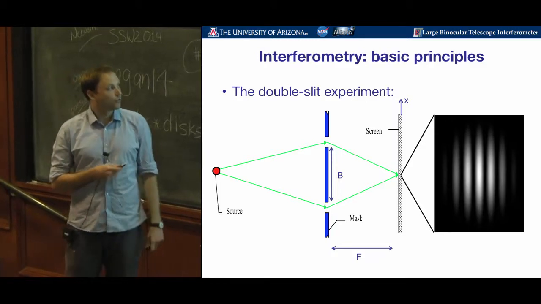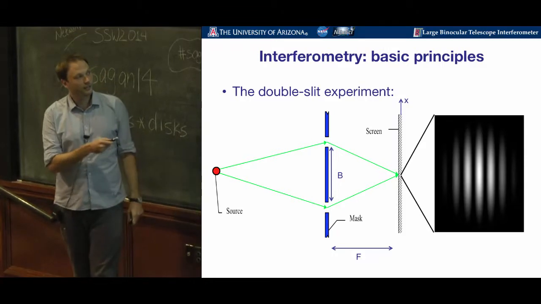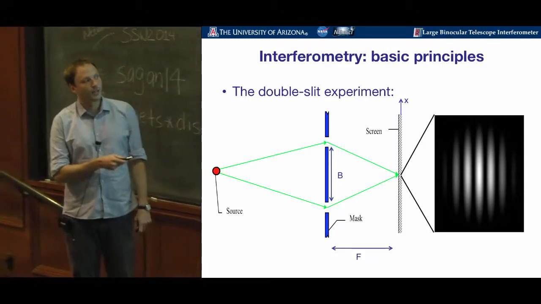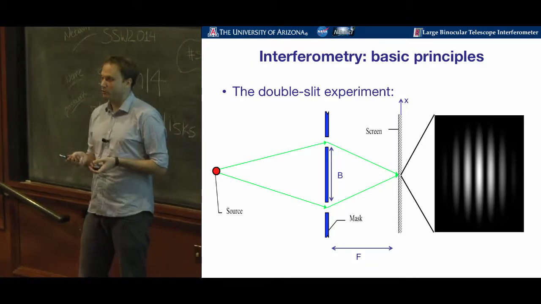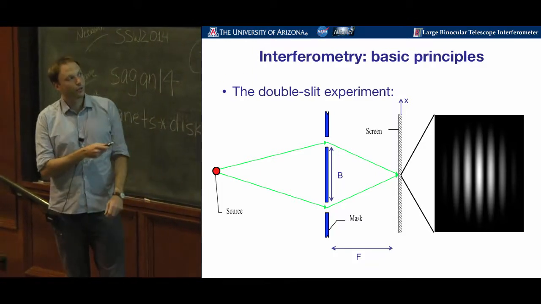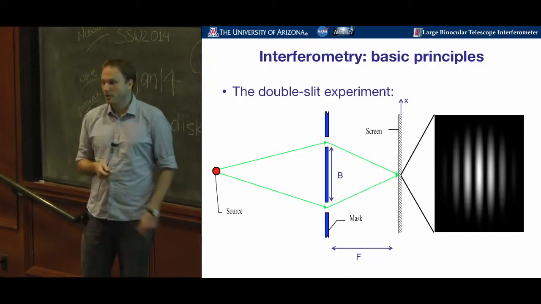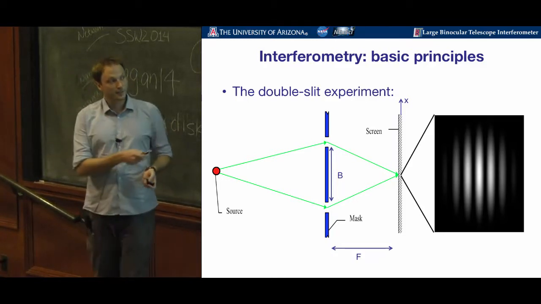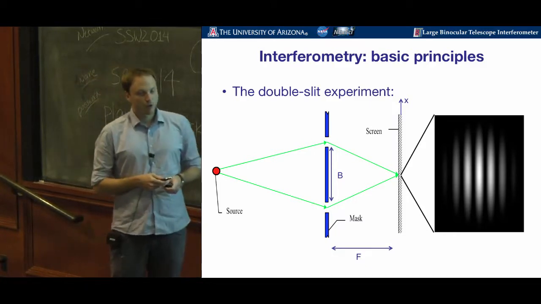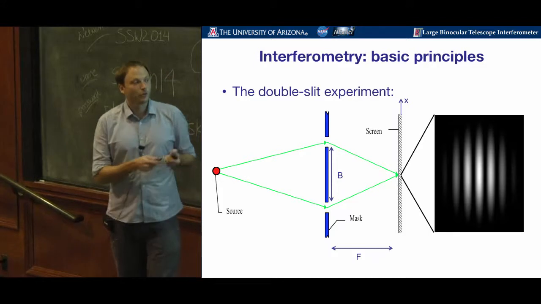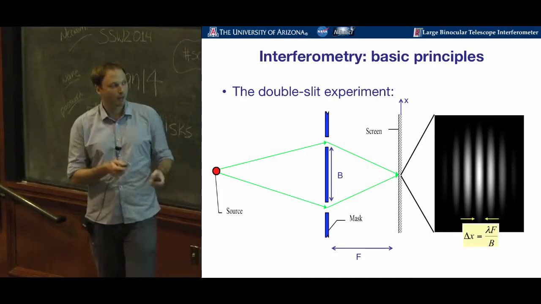So if you have a source and the wavefront is going through two slits here, and then you look at the screen, if light was really a stream of particles, you would expect to see a spot of light behind each slit. But this is not what we see. What we see is many spots. And due to the theory of wave, you can predict actually the spacing between the spots. I'll come back to that later.